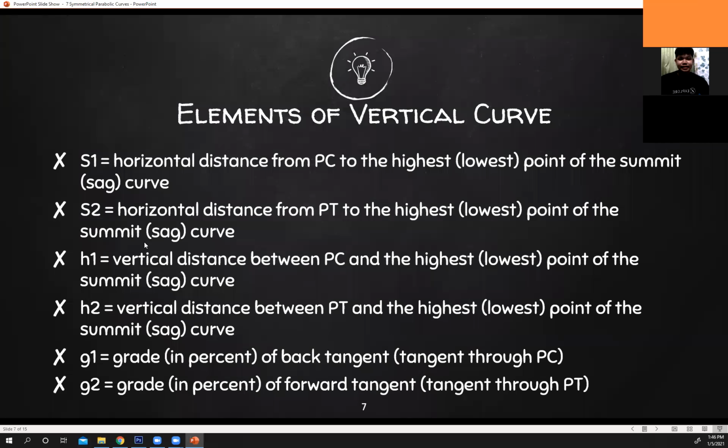So S1, S2 are horizontal distances. H1, H2 are vertical distances, but they're comparing the same points, your PC, your PT, and the highest or lowest points on your curve. Next, G1, G2, grade in percent of the back tangent through the PC or the forward tangent, the one through the PT.